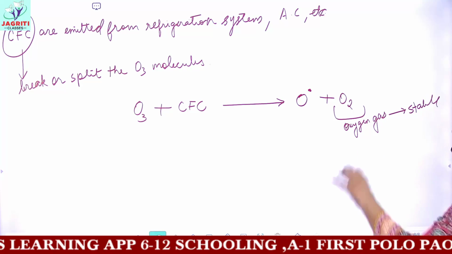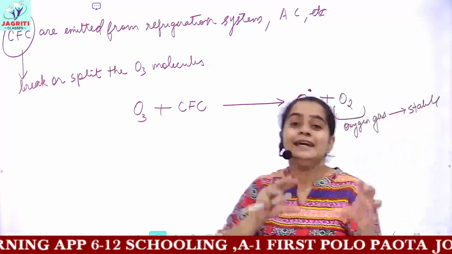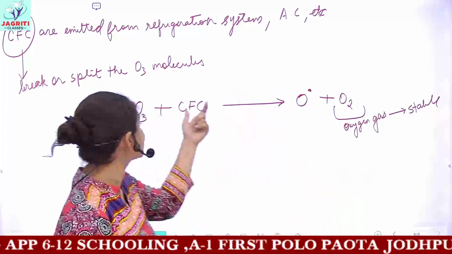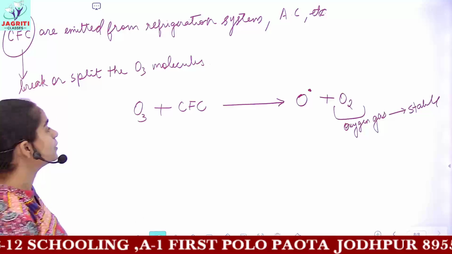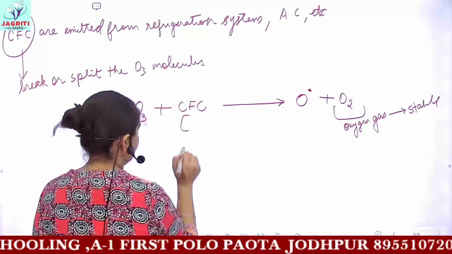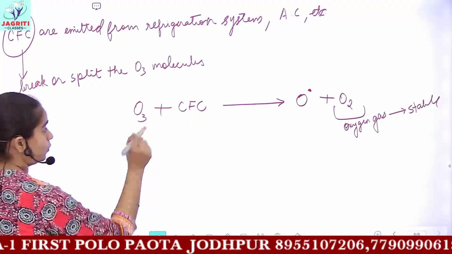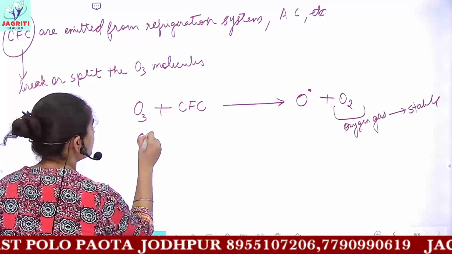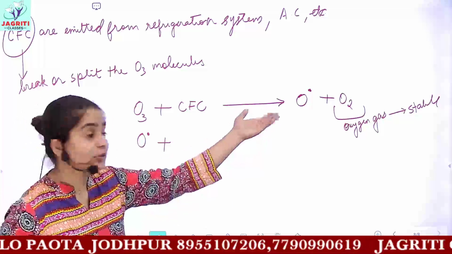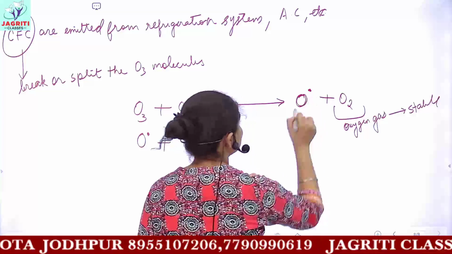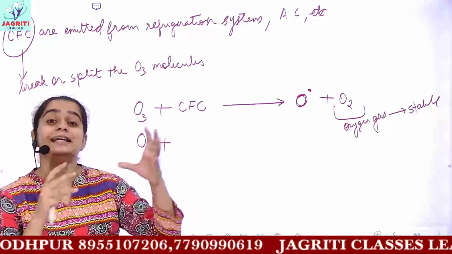So what happens is the third oxygen atom gets separated off as an action of CFC. CFCs are chlorofluorocarbons, okay, which contain chlorine and fluorine free radical. Now this oxygen radical, once this is formed, is a very unstable species. Unstable means it is highly reactive.